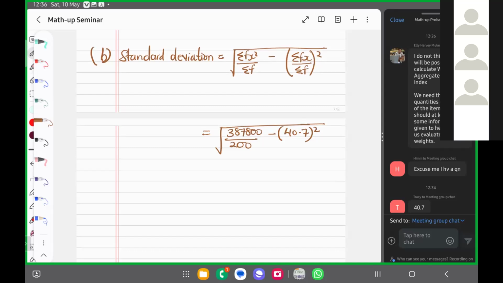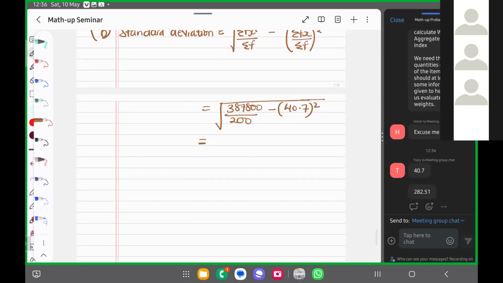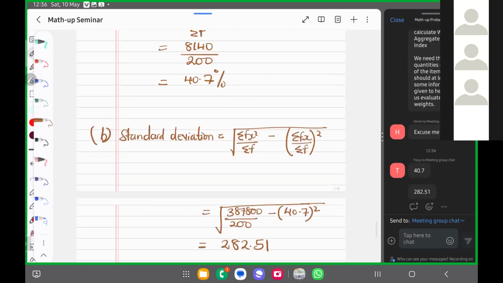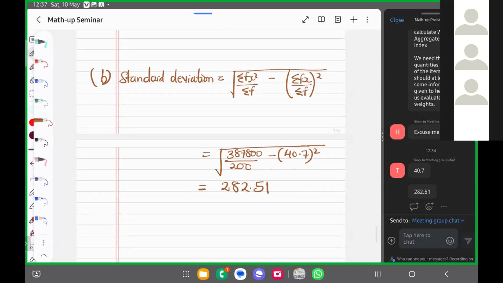So what are we getting? 282.51, all right? 282.51 as the variance.